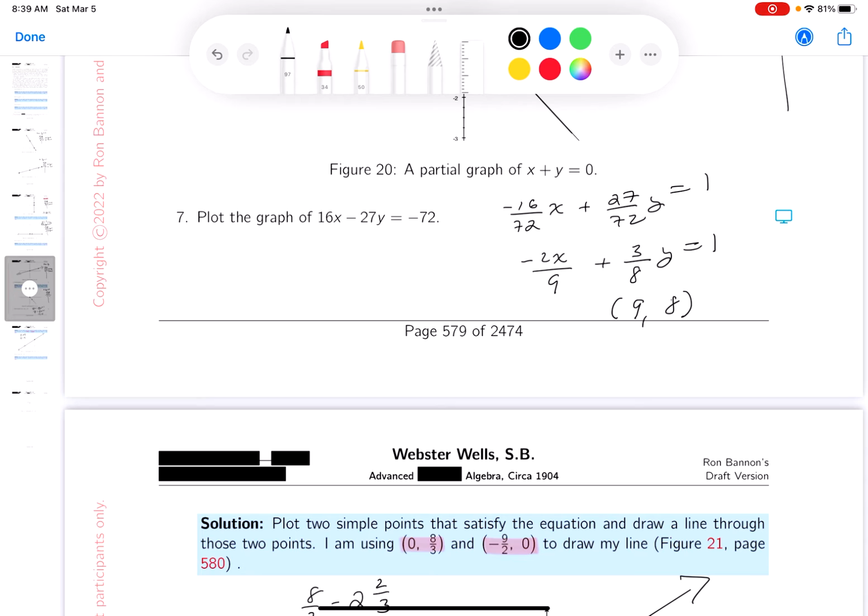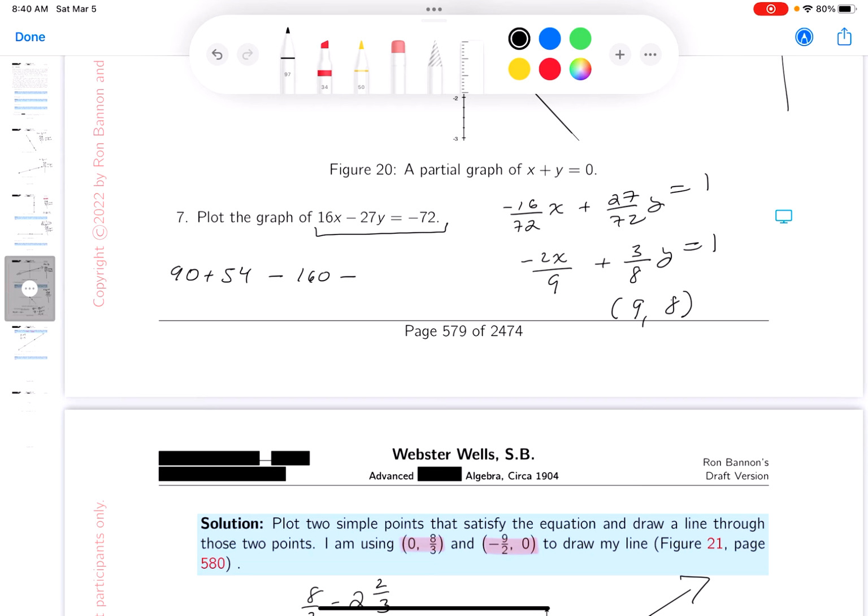All right, so before I celebrate this, I would like to check to make sure that's an answer to the question. Right, so I'm going to plug it in. 9 times 16 is 144, plus 54. And let's see, 27 times 8 is 216, minus 160.